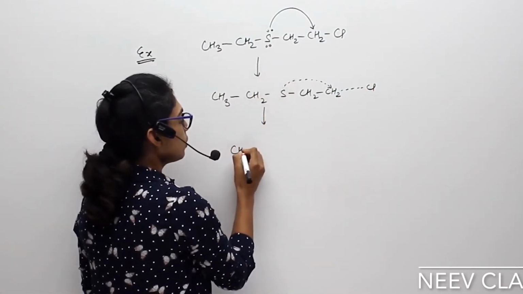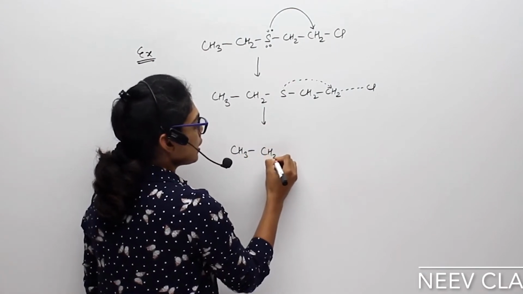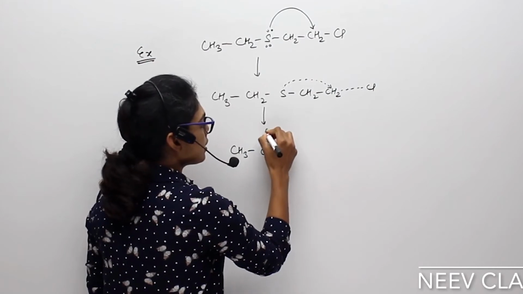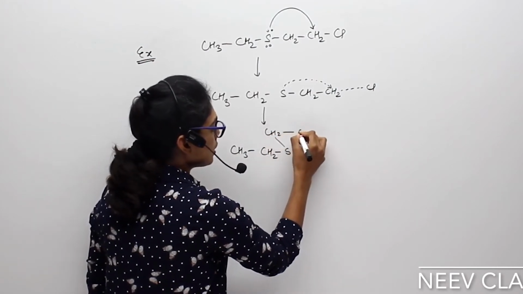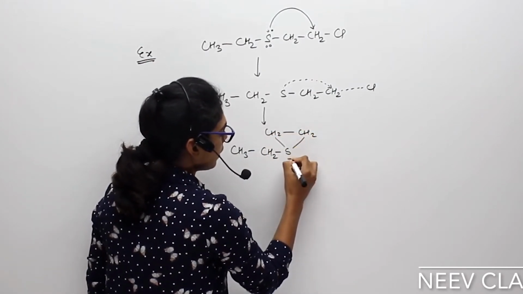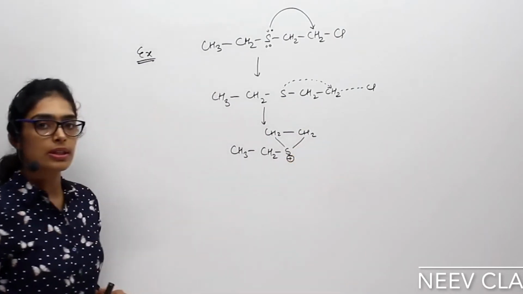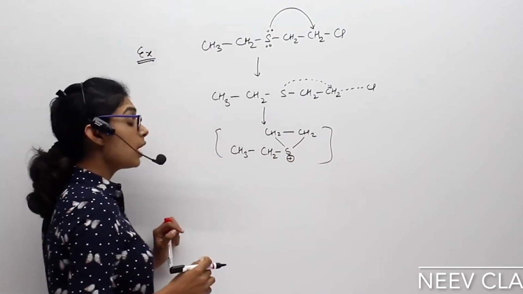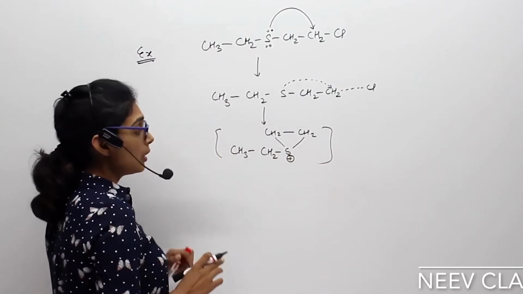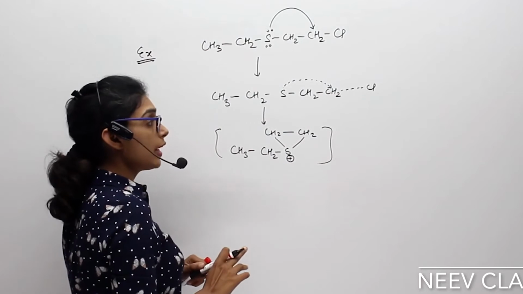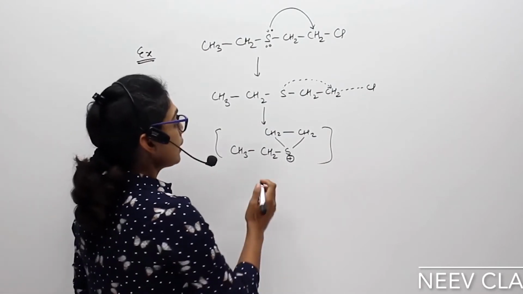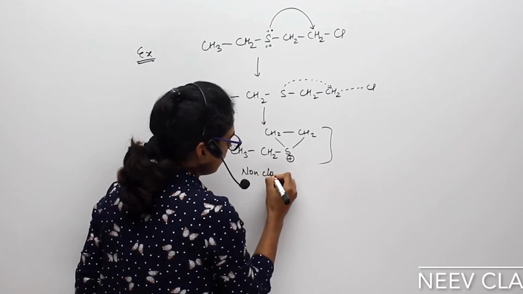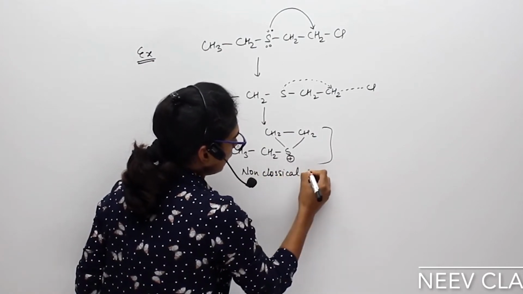And this molecule will look like this: CH3, CH2, S, CH2, CH2, and plus. So this is how the carbocation, not carbocation, sorry, this is how the positively charged cation will be formed, and this will be a non-classical cation setup.